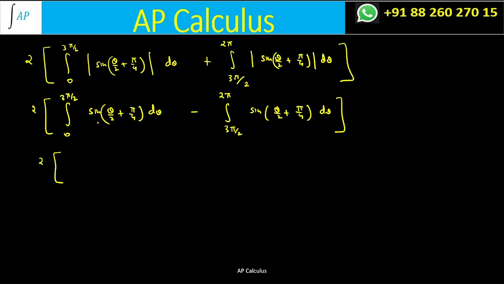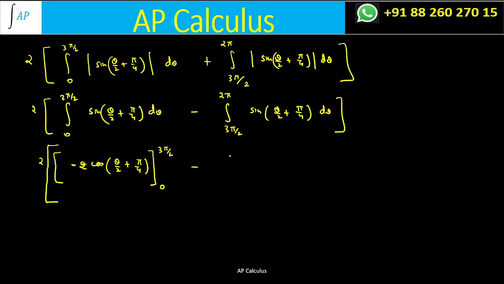Integration of sine will be negative cosine. So negative cosine of theta by 2 plus pi by 4, and the coefficient of theta is 1 by 2, so we'll be dividing by 1 by 2. Basically the 2 will get multiplied over here, so it will become minus 2. The integration is going from 0 to 3 pi by 2, and this 2 is outside.